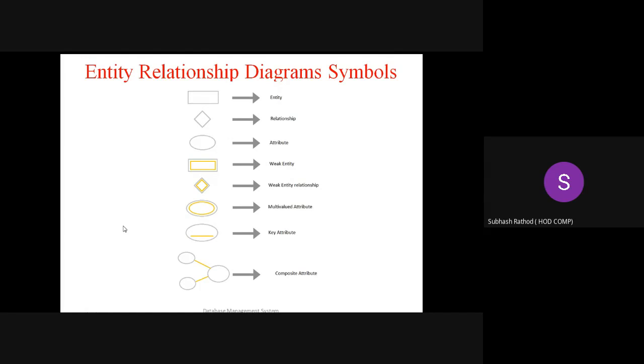Remember that entity is indicated by a rectangle, relationship by a diamond, attribute is represented by an ellipse, weak entity by a double rectangle, weak entity relationship by a double diamond, multi-value attribute by a double ellipse, key attribute by underline, and composite attribute.